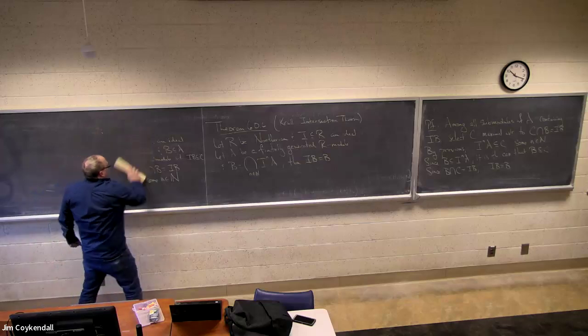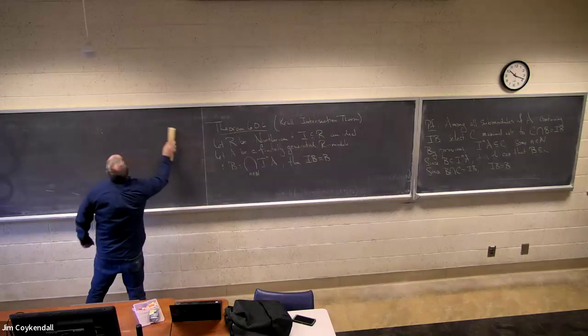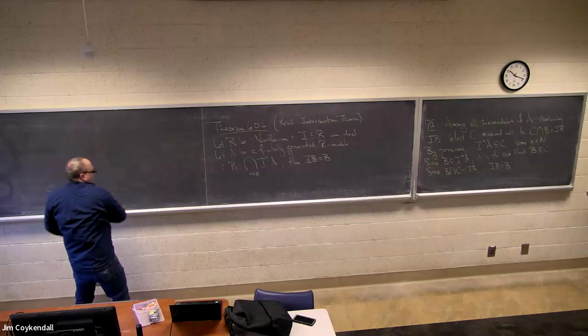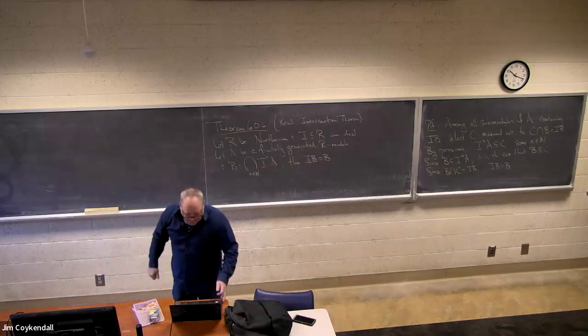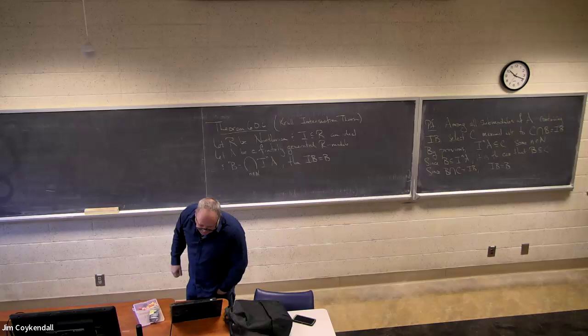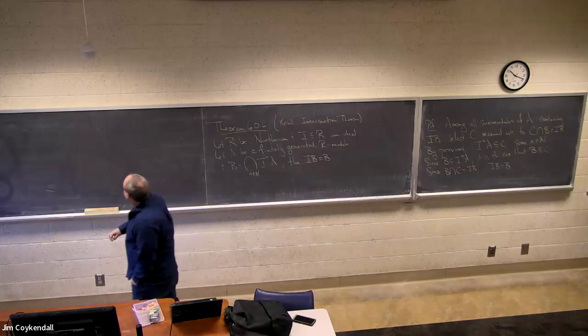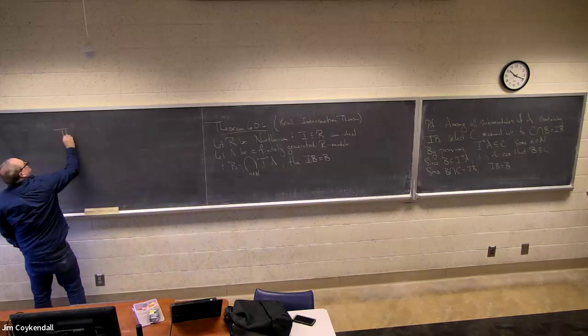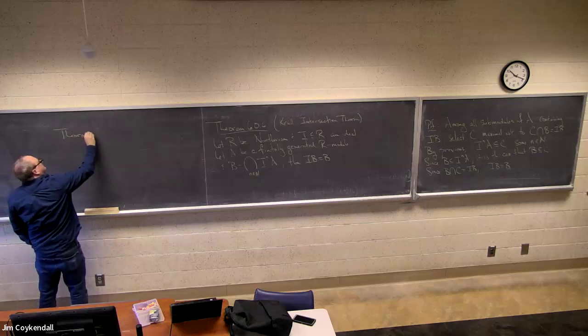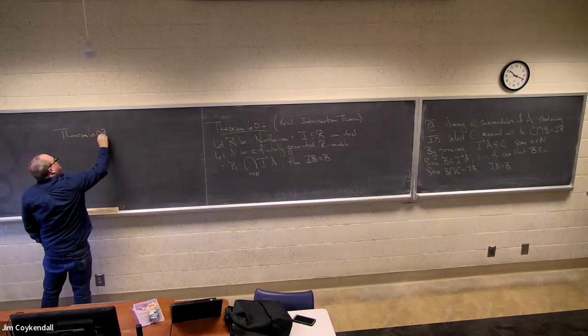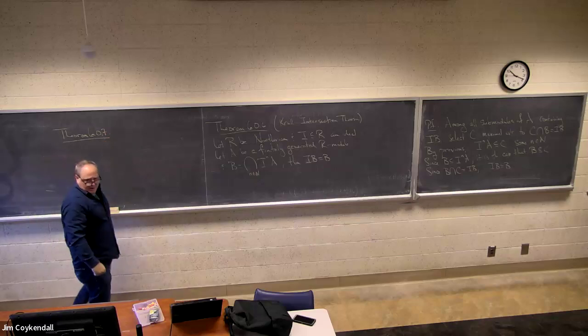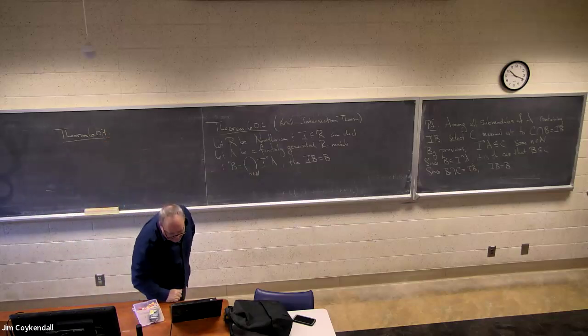Okay, so here's another couple of auxiliary results that use Noetherianness before we build up to Nakayama's lemma. Theorem 607.